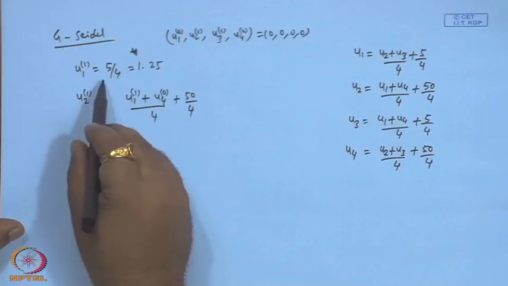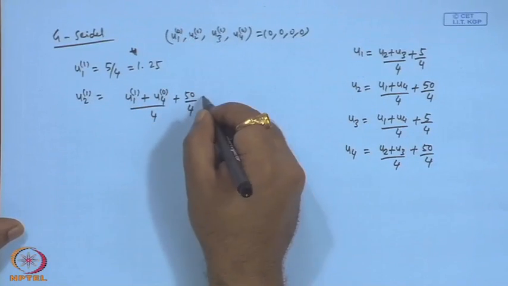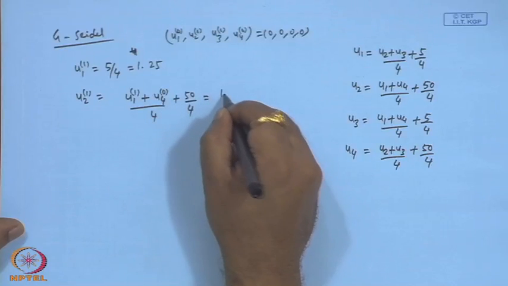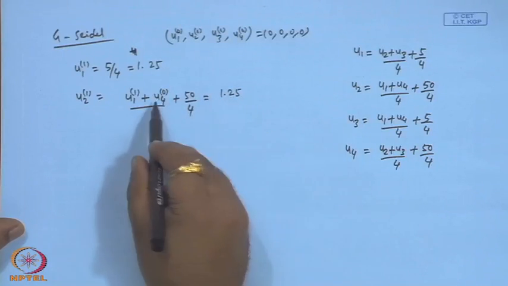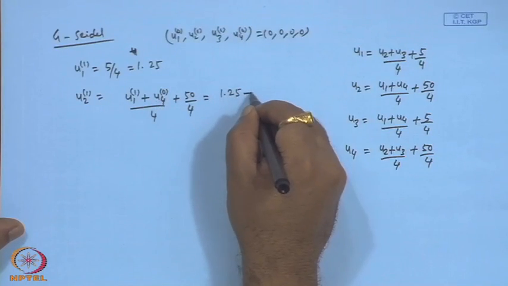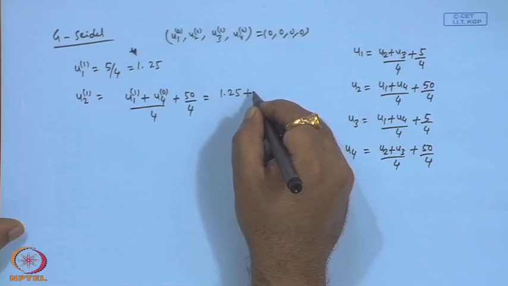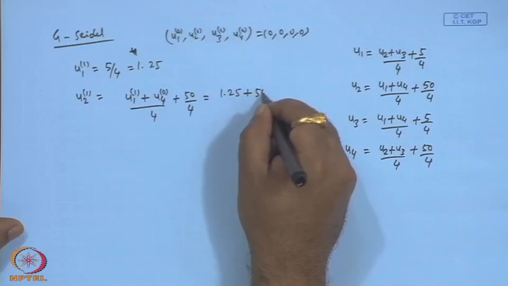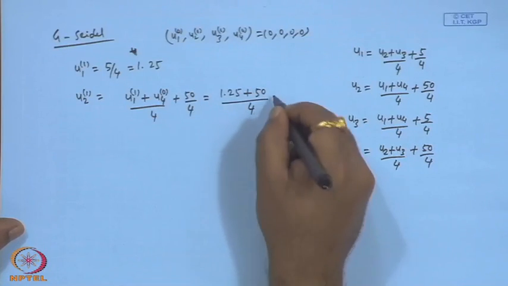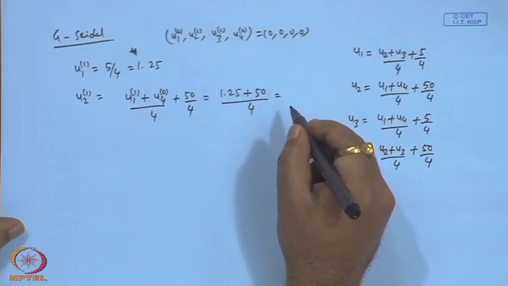So, that is how we have computed this. Then this will be, so this is 0, so this 50 by 4, okay.